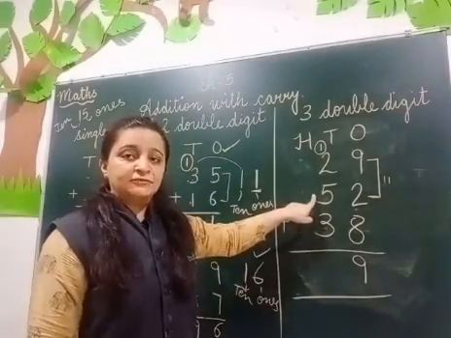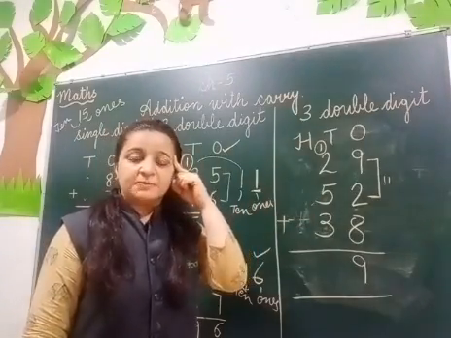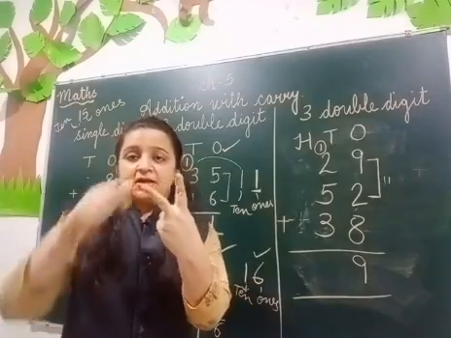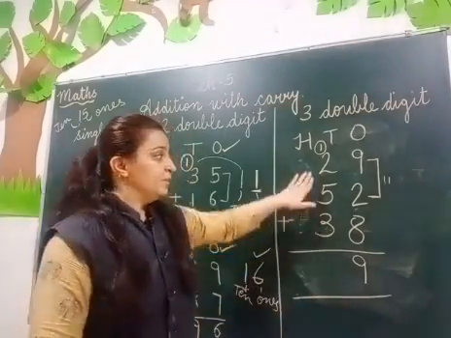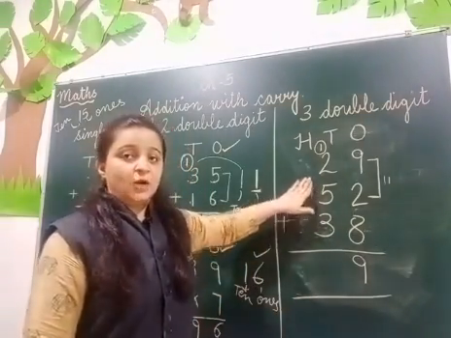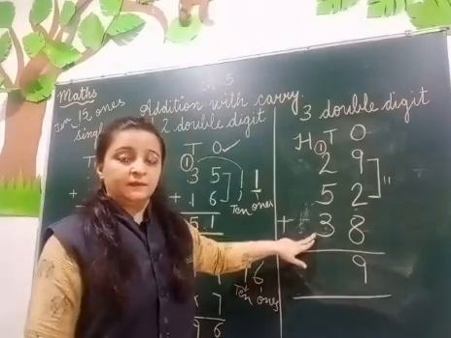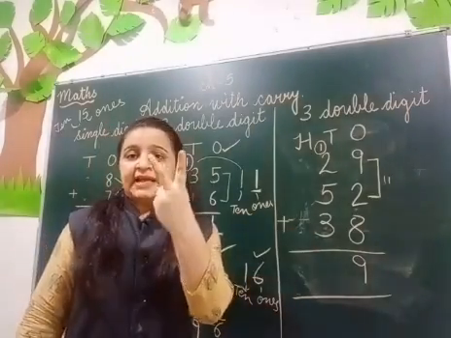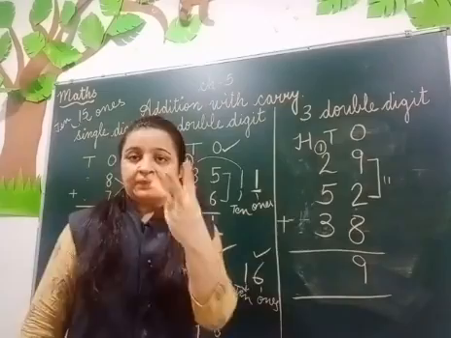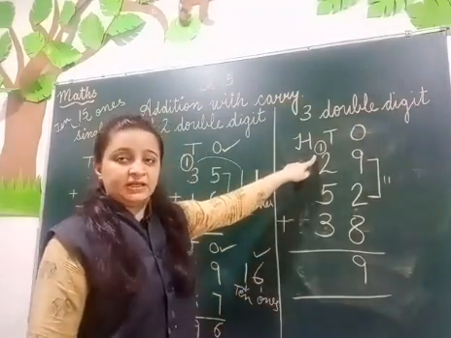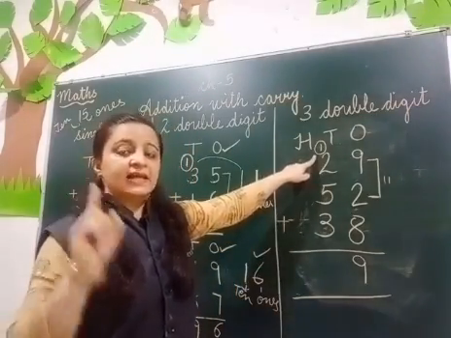Now add 2 and 5. Keep 5 in your mind because 5 is bigger, and 2 fingers. 6, 7. Now add 3 to 7. 8, 9, 10. Then this 1 carry, 10 plus 1 is 11.